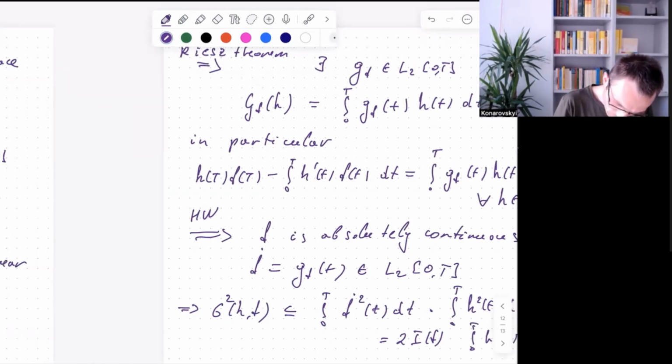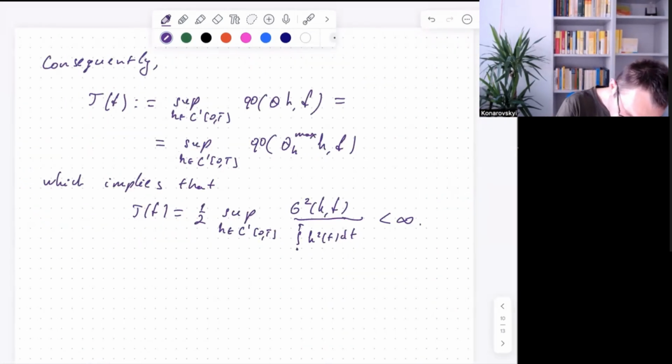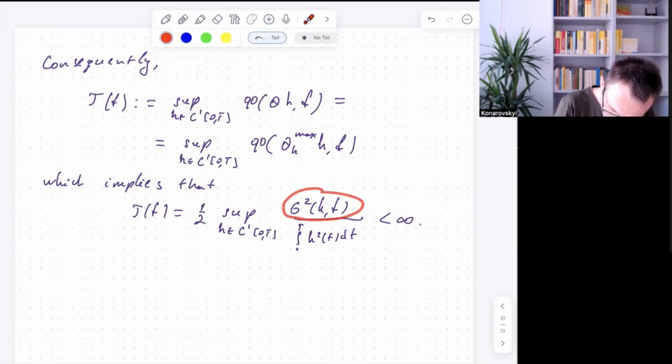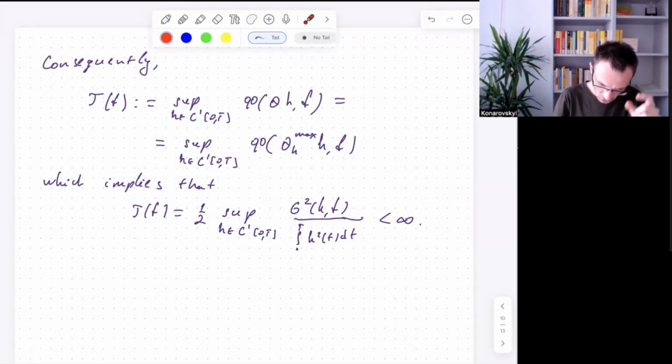But let's see what we actually obtained. We estimated the function by some constant, and then we have this object here. So when we come back to our notation g, and use the estimate which we obtained, we can estimate this g squared by what we obtained, and then you need to divide by the integral, divide by 2, and compute the supremum.